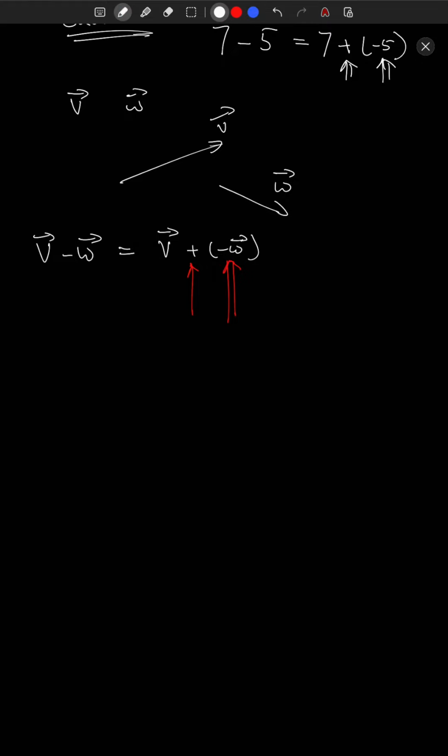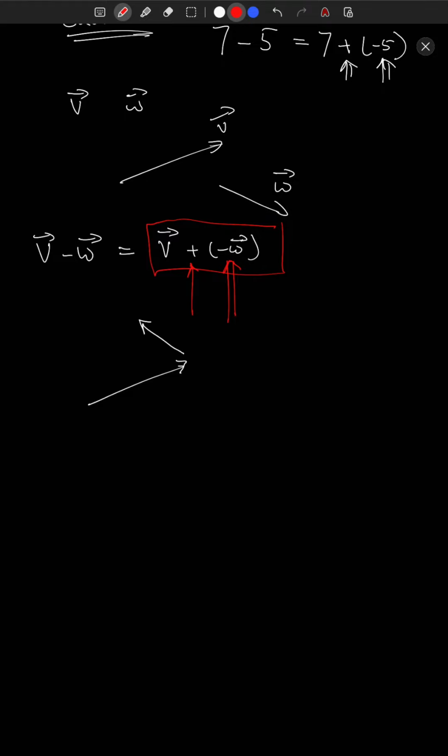So again, in a way, there is no such thing as subtraction. This minus sign right here is, in a way, you can think of it as a shorthand for this right-hand side, all right? Okay, so in practice, how would I do that? Well, I would take the vector v, draw it right there. I would take the vector w, except I flipped the direction because I'm talking about minus w. So like that.